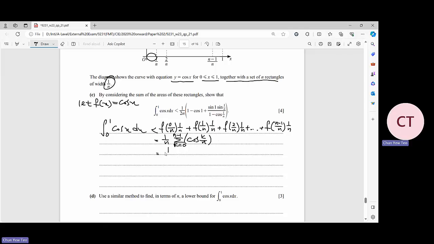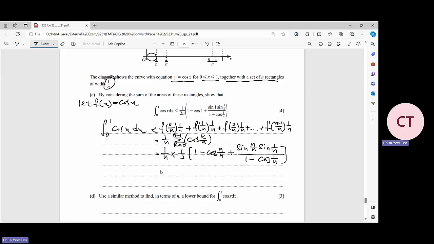So you will get this. Therefore you have 1 over n multiplied by half of 1 minus cos n over n plus sine n over n, and then sine 1 over n divided by 1 minus cos 1 over n.